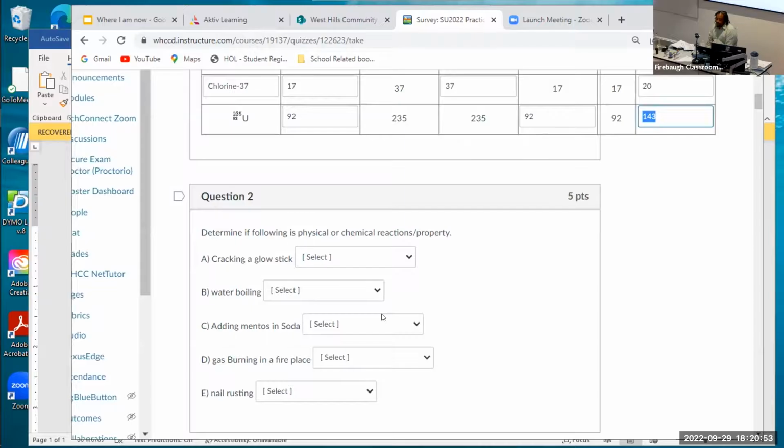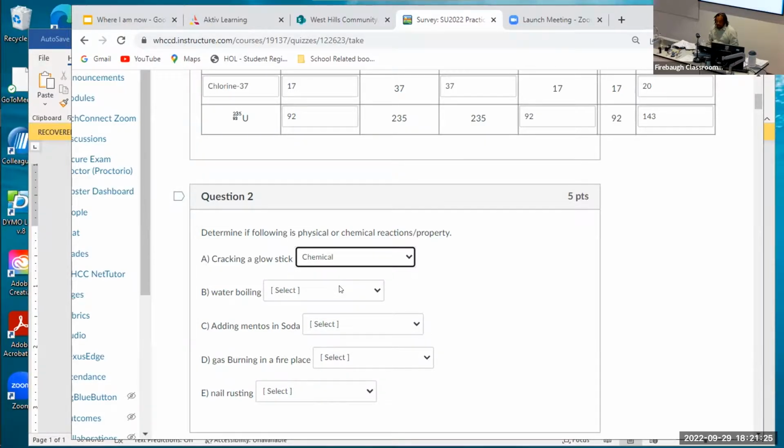Okay. Number 2. Cracking a glow stick is a physical or a chemical reaction? It's a chemical. It is a chemical reaction. Boiling water.